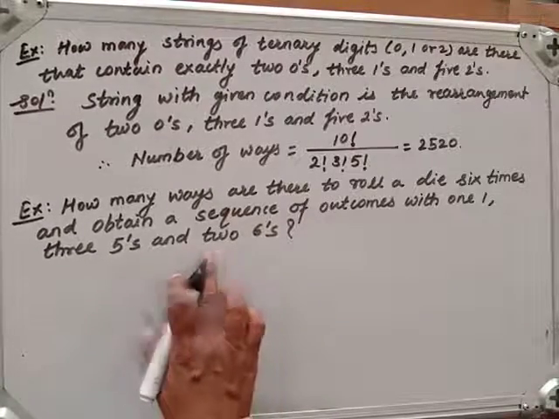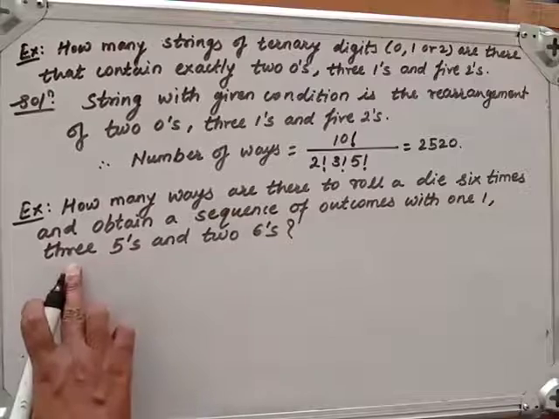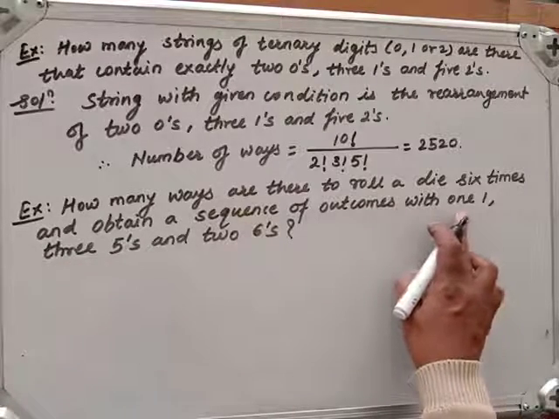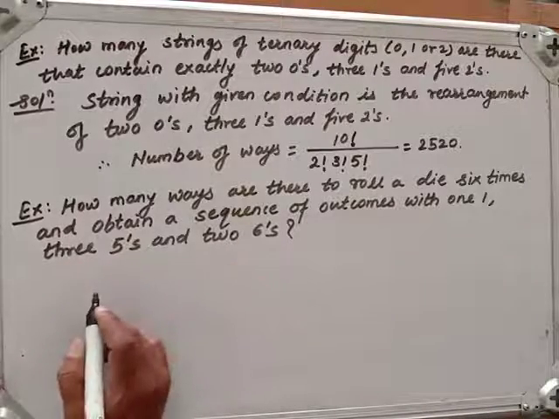So 2 sixes, 3 fives, so 2 plus 3 is 5, and 1 one, so 6, total 6 letters are there.